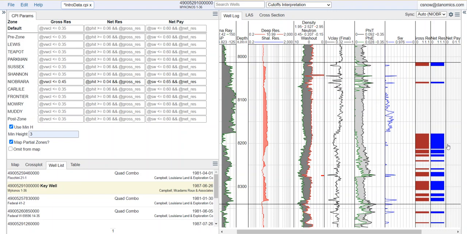So, that is kind of where those cutoffs come into play, is that's kind of a proxy for a very generic relative permeability curve.